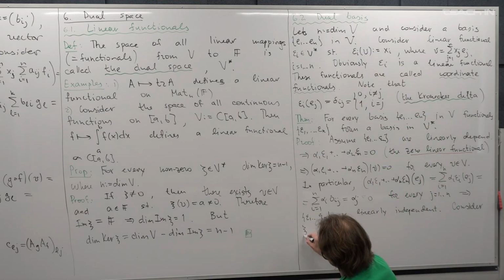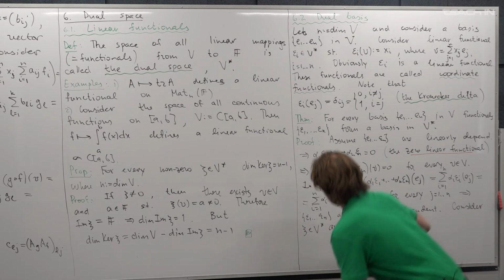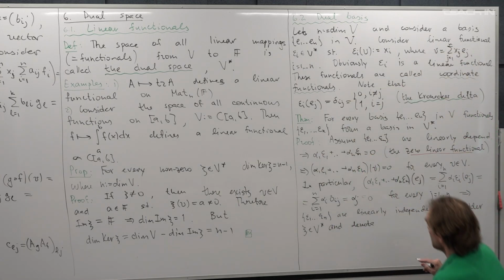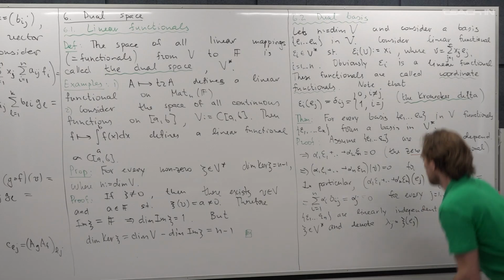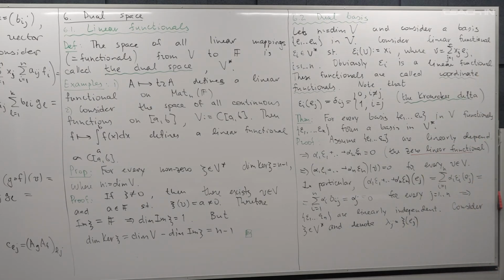So consider xi from V star and denote by lambda sub j the value of xi on the vector of the basis that we consider, for all j from 1 to n.